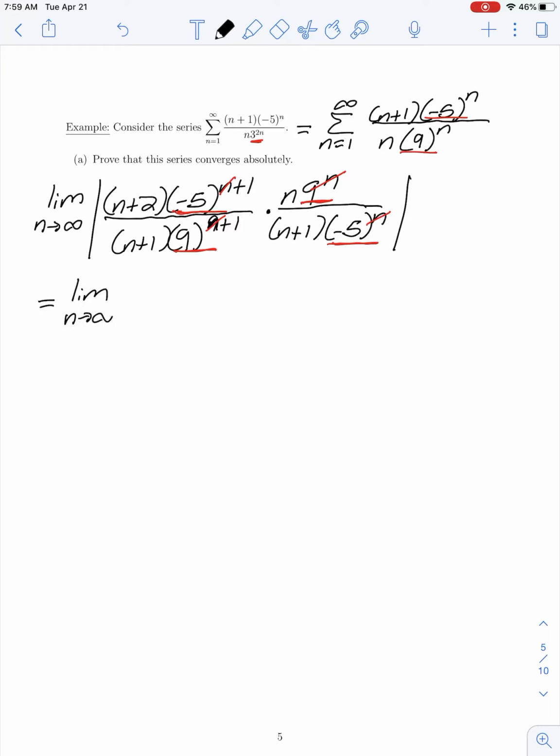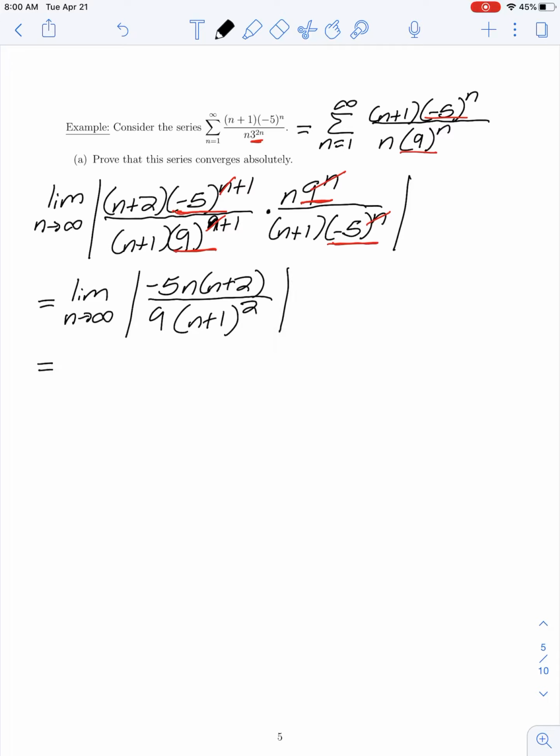So let's look at what we're left with. We have the limit as n approaches infinity of the absolute value of, for our numerator, a leftover constant of negative 5, and then n times (n plus 2), also in the numerator. And then in the denominator, we have a constant of 9 to the first, times (n plus 1) times (n plus 1), which would give us (n plus 1) squared.